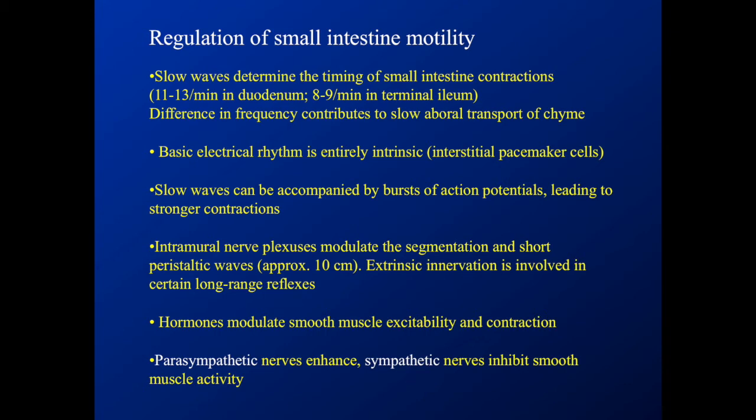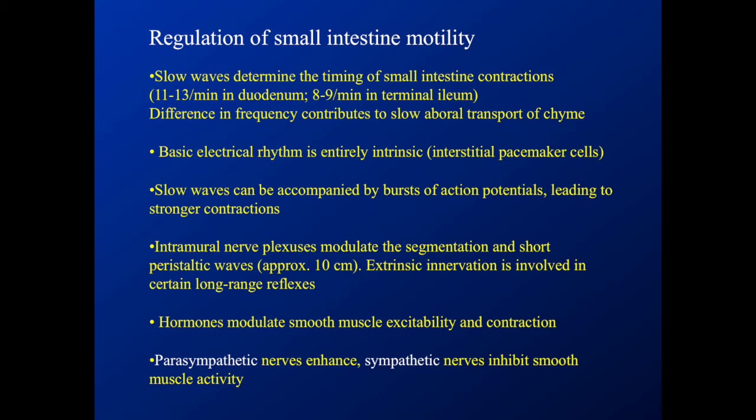The slow waves can be accompanied by bursts of action potentials should the intestine decide that it needs a strong contraction. And the intramural nerve plexuses modulate the segmentation and short peristaltic waves over about 10 centimeters. But these are modulated then by the extrinsic innervation that is involved in long-range reflexes.